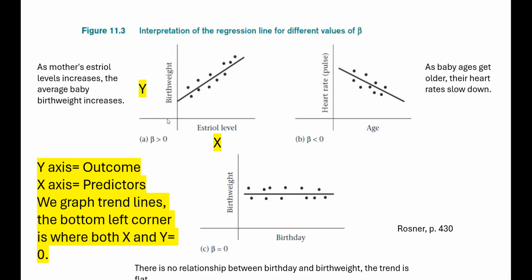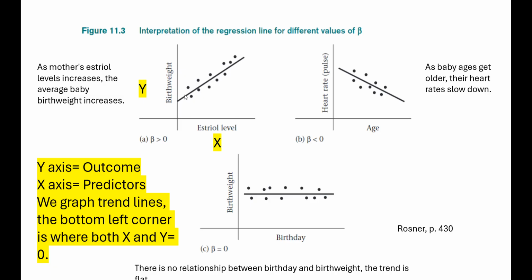So let's take a look at these different trends to see how we may interpret them. And we see on the top left, as mother's estriol levels increase, the baby birth weight increases. So as the estriol levels on the x-axis get larger, so do our babies, their birth weights increase.